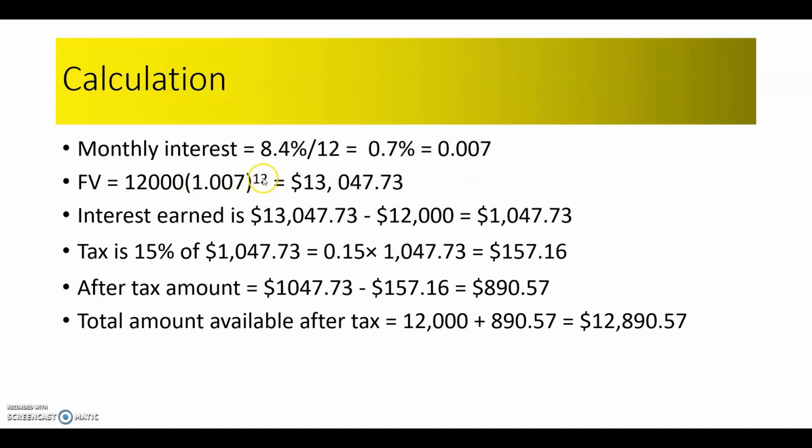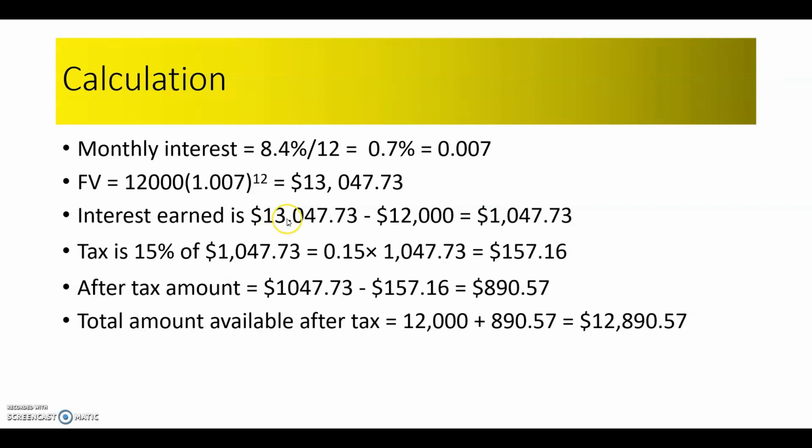And that has to be raised to the power 12, because 12 by 1 year gives you 12. I hope we're following. Then the value we get when you do the calculations is 13,047 kwacha and 73 ngwe.